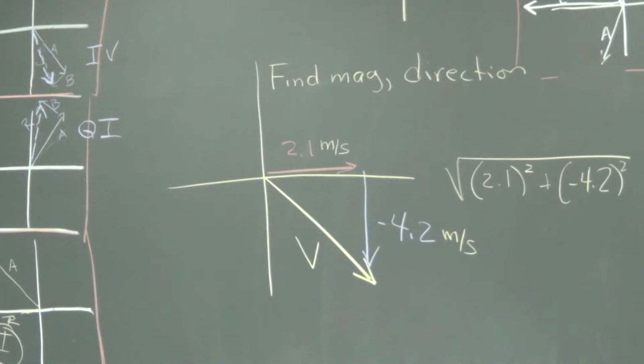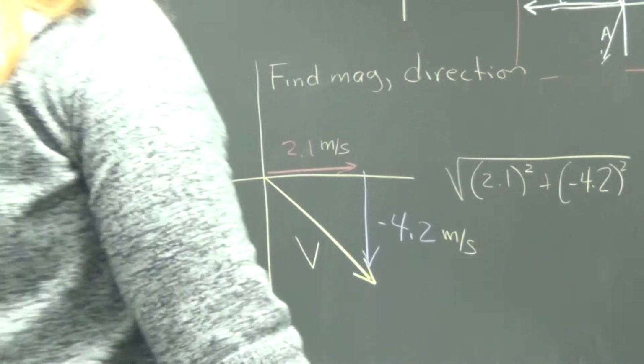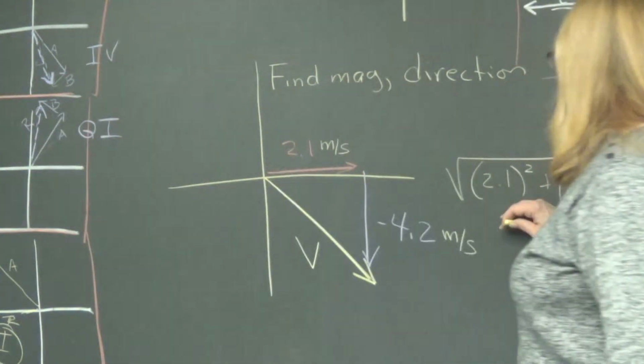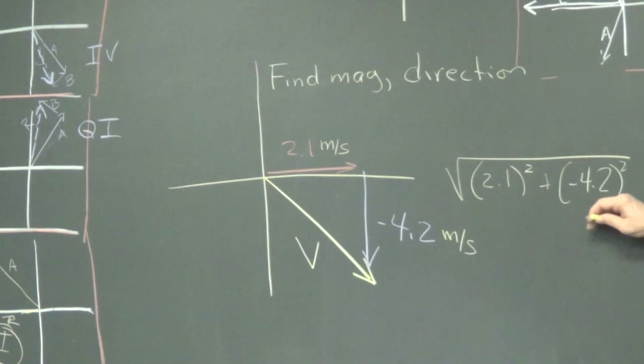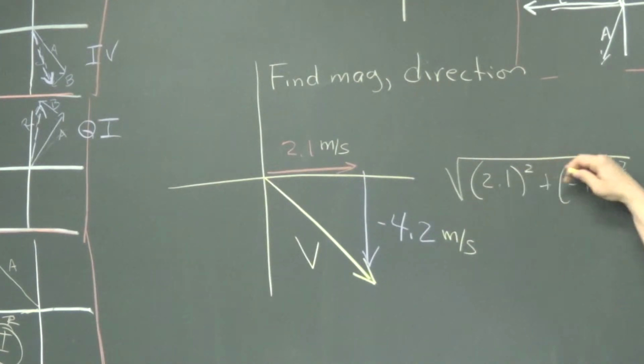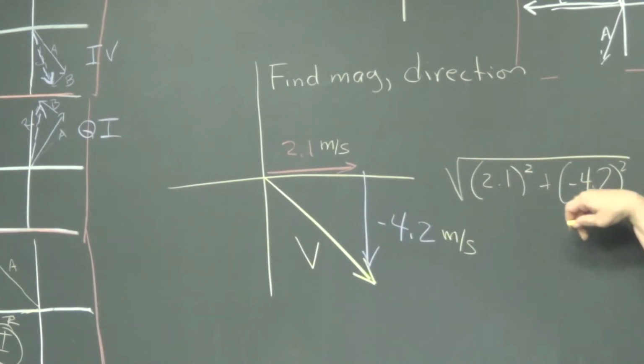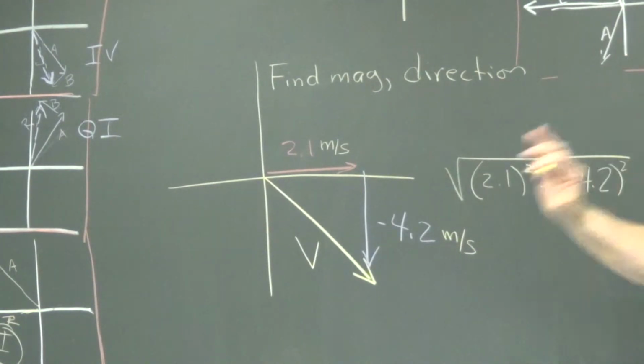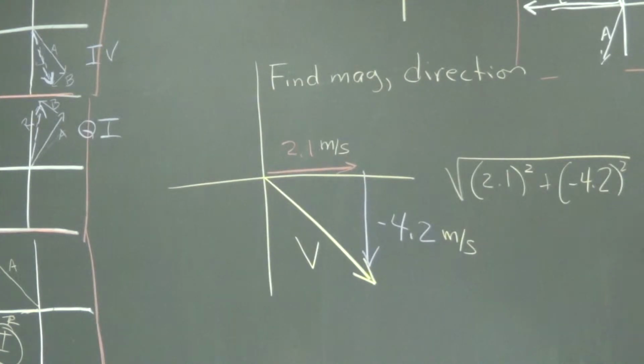Now you're in degrees. So go plug this in. Square root, big square root. Sometimes it's easier on the calculator to just do the inside first: take 2.1 and square it, add negative 4.2 squared, and then take the square root of that, instead of trying to get it all under the radical with the parentheses.